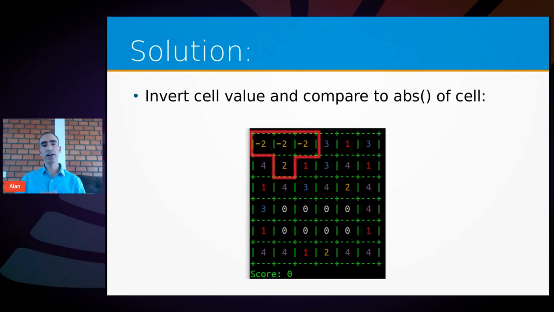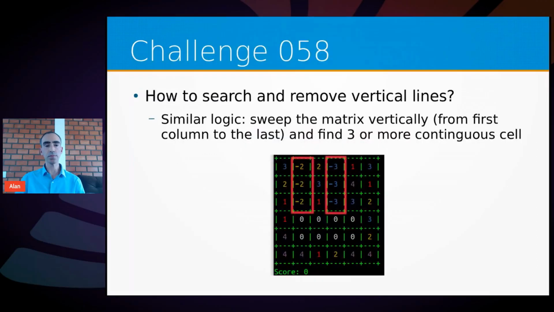When it tries to find some equivalent cells, it will realize that negative 2 is a valid cell and a congruent cell, and we will remove it. And the same applies to vertical lines.